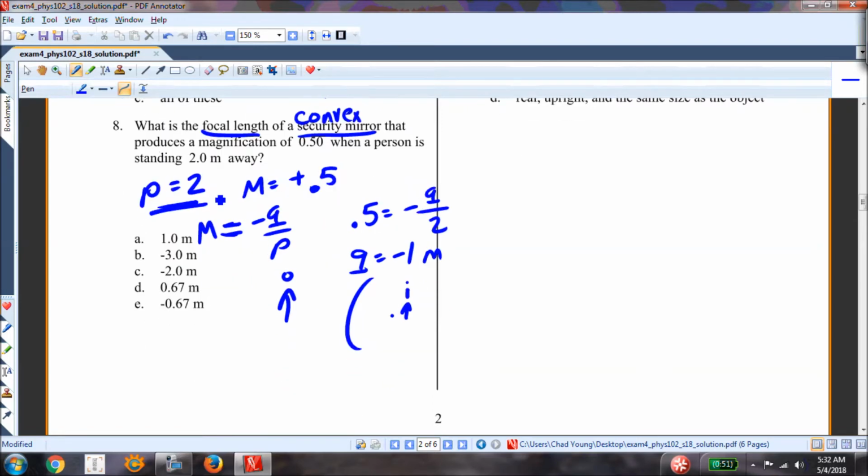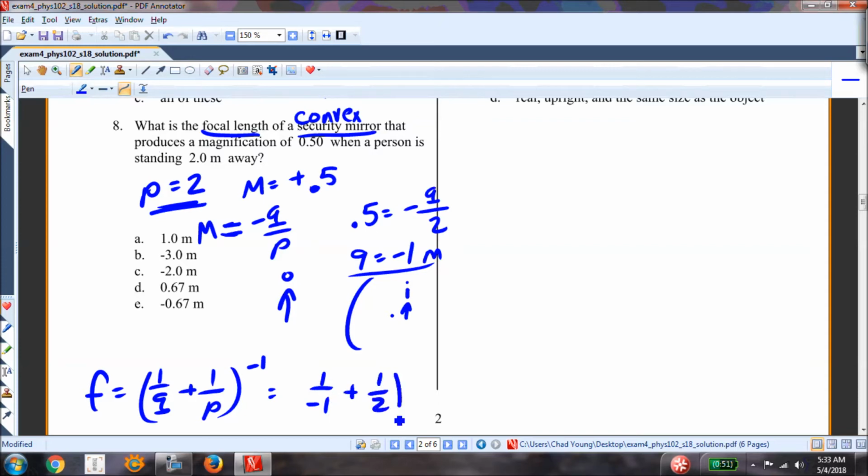I have p now and I have q. So the focal length is equal to 1 over q plus 1 over p, to invert that. And so that's going to be 1 over -1 plus 1 over 2.